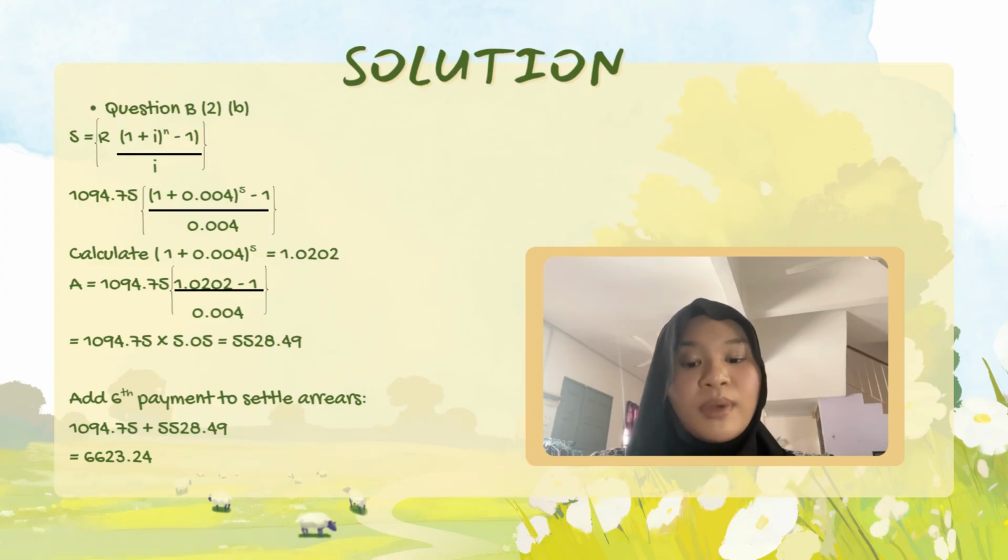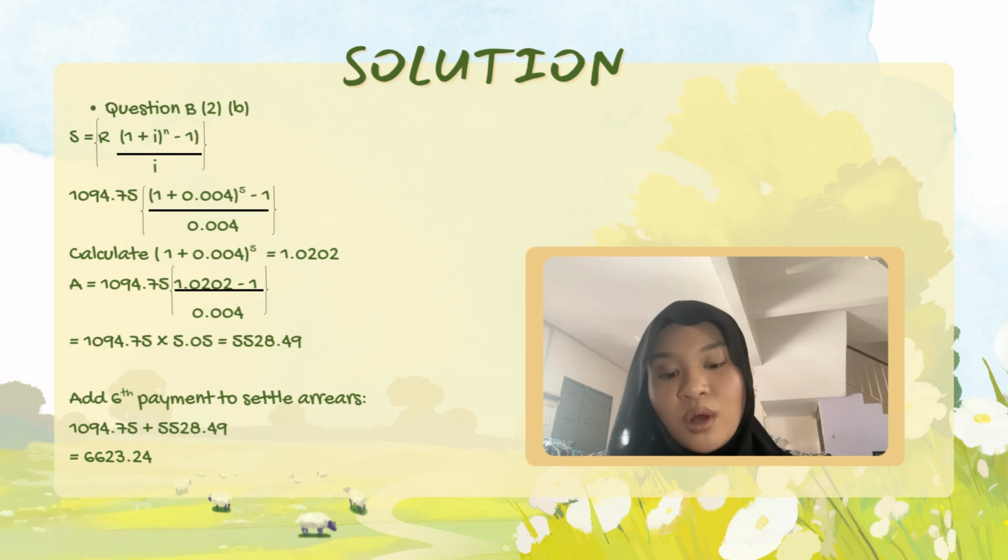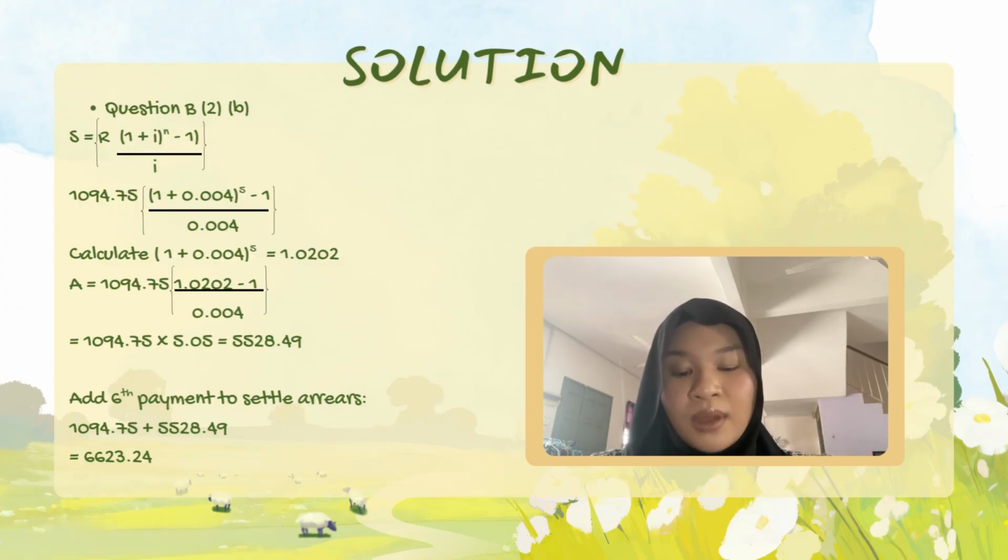Calculate first 1.004 to the power of 5, which equals 1.0202. S equals 1094.75 times (1.0202 minus 1) divided by 0.004, which equals 1094.75 times 5.05, which equals 5,528.49. Thus, add the 6th payment to settle the arrears, which will be 1,094.75 plus 5,528.49, which is equal to 6,623.24.